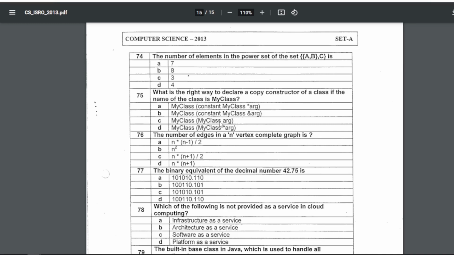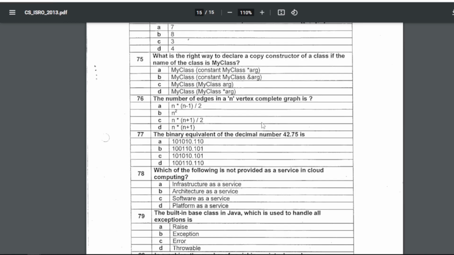This is a copy constructor in Java, but here the answer will be B, that is the MyClass constructor taking a MyClass argument. If it is specifically asked for C++, the answer will be B, but if it is asked for C, then the answer is C.